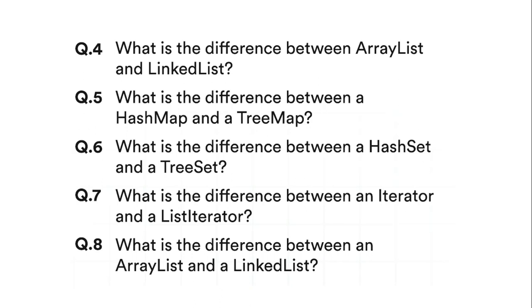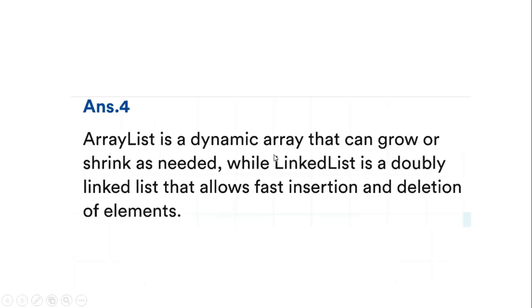Now, what is the difference between ArrayList and LinkedList? Basically, ArrayList and LinkedList come under the List interface. It extends the List interface. ArrayList is a dynamic array that can grow or shrink as needed.